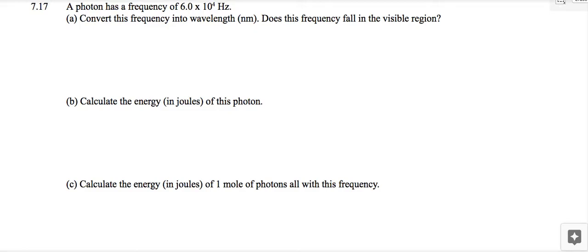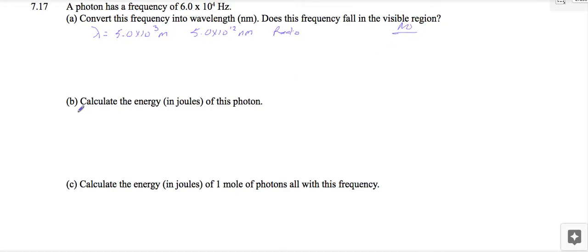Number 17 is essentially the same thing as 15, so I am not going to go through all of the work on this one. Instead, I am just going to give you the answers. This guy is going to have a wavelength of 5.0 times 10 to the 3rd meters, or if we want to convert this into nanometers, 5.0 times 10 to the 12th nanometers, and this is radio.